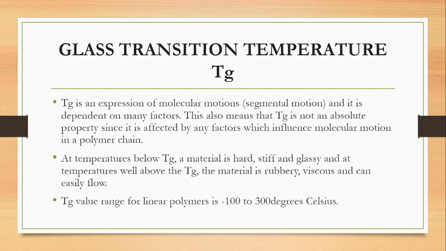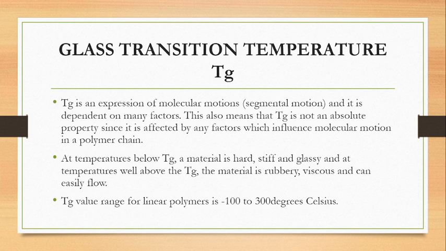If any other factor comes to affect this segmental motion, then TG will be dependent on that. If intermolecular force is going to affect the segmental motion, then TG is going to be dependent on that factor of intermolecular force.